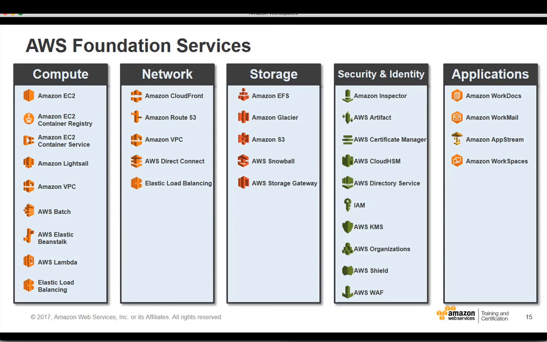Lambda, this is a game changer. It really is. It's very, very cool. Remember before I said you could have an EC2 instance that would run and you only pay for the time that it's running? Well, say you had a rubbish website and you're only getting one hit a month. With an EC2 instance, you're paying for that machine 24 hours a day, 7 days a week, just to maintain access for your users.